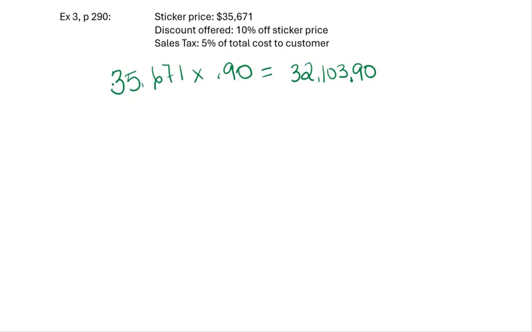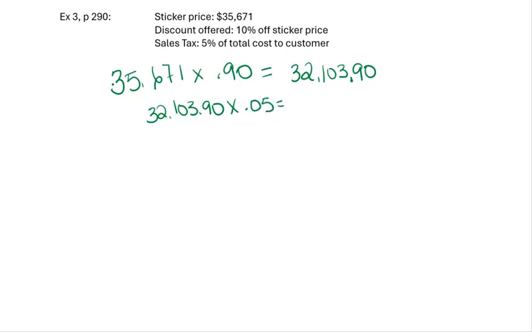Now, we have to figure out our taxes, which is 5% of not the sticker price, but our discounted price. So we're going to take this $32,103.90 and multiply that by 0.05, because that's 5%.